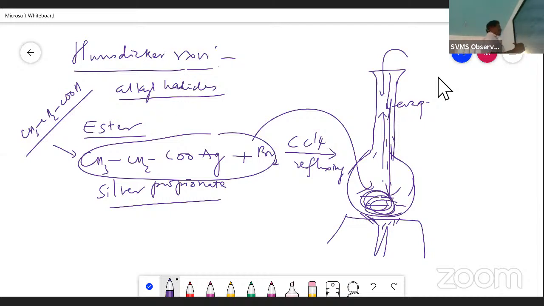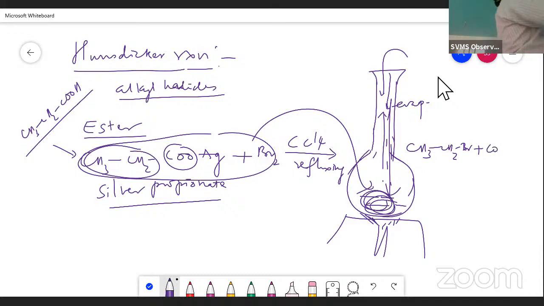Immediately the product which is formed is the ethyl group compound. This forms CO2, and the Ag reacts with the bromine. The product formed is CH3CH2Br plus carbon dioxide, which evaporates, plus silver bromide.